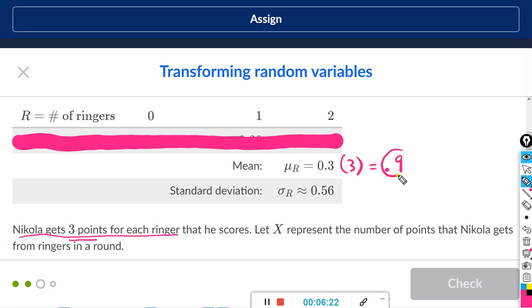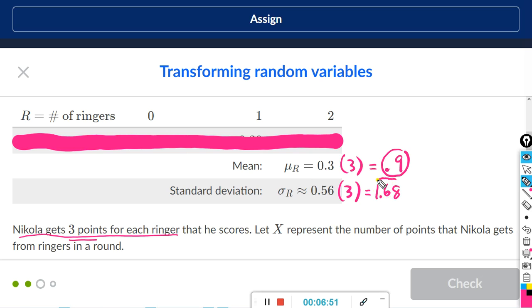And we said at the beginning, multiplication does affect the mean. We also said at the beginning, multiplication affects the standard deviation. So we're just going to do the same thing to the standard deviation. 0.56 times 3, that's 8, carry the 1, that's going to be 1.68.